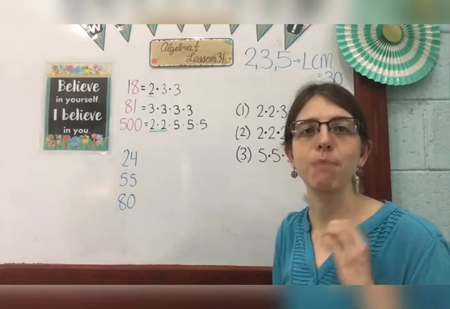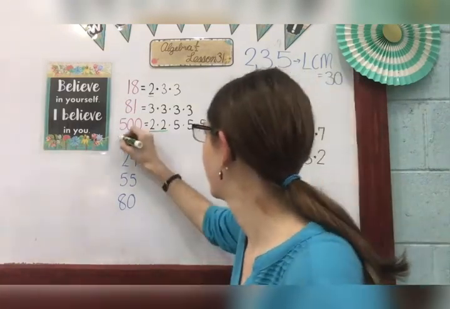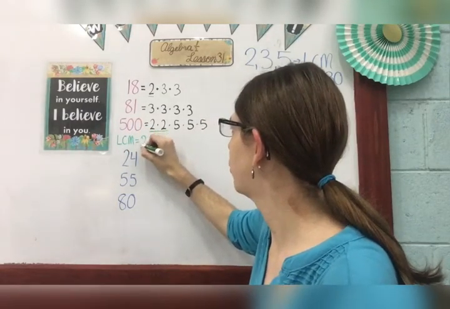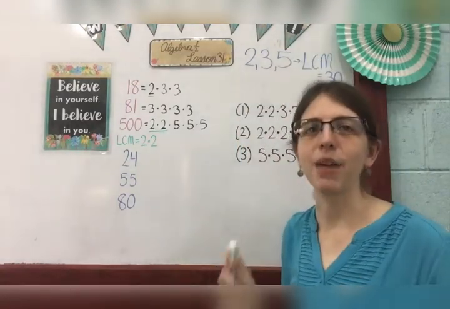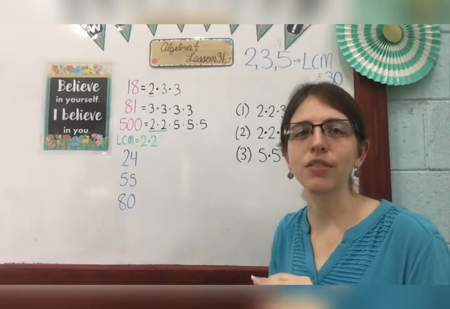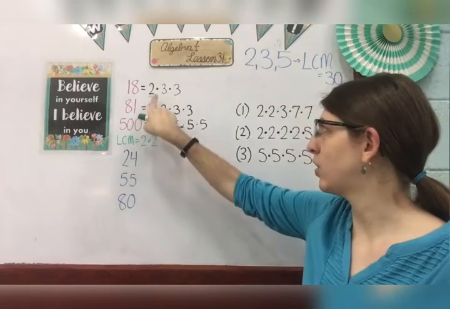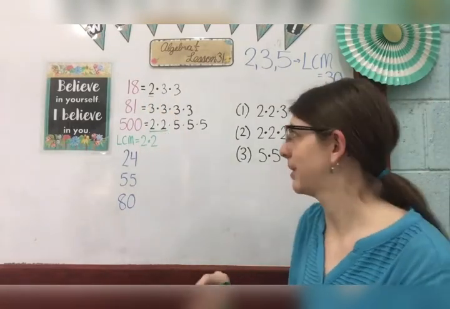So the most times that it is used is twice. So I have 2 2s to start with. I don't have 3 2s because it's the greatest number of times it's used as a factor in one place. Here it's used once, here it's used twice. So 2 is the greatest number of times.